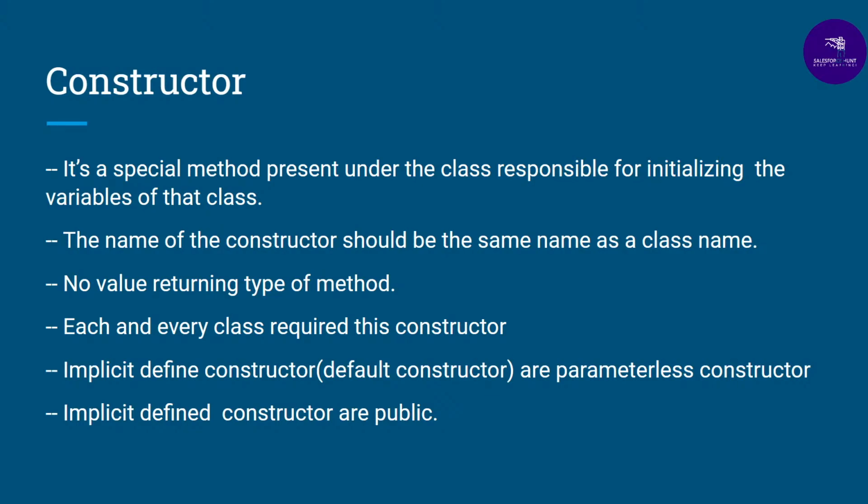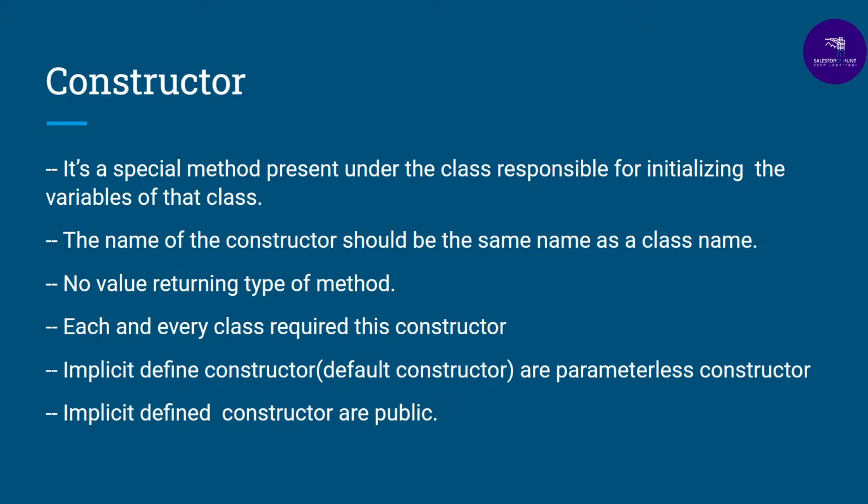So you can initialize your variable with the help of a constructor. Constructor is basically to initialize the variable, or it is a special type of member under the class. The name of the constructor should be the same as the class name, always remember.